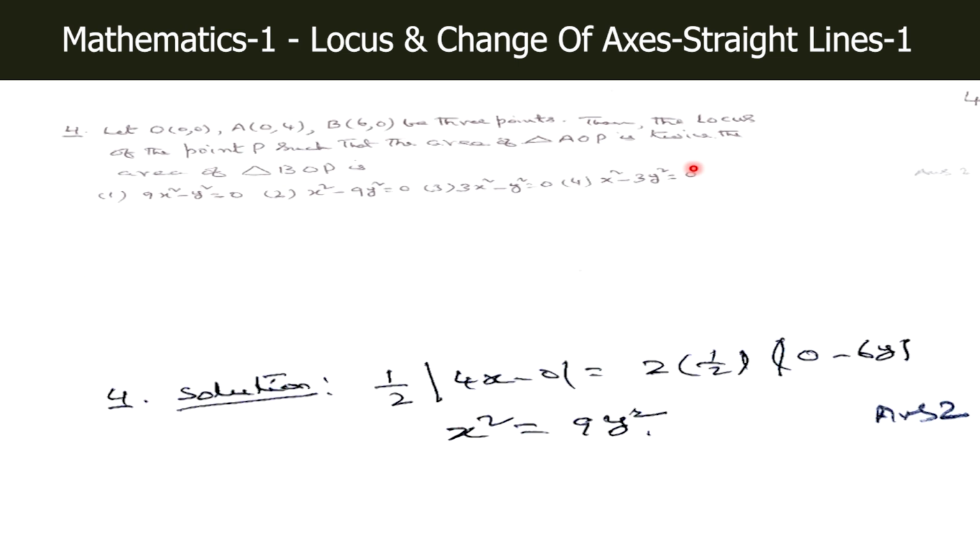Now you know that when (x1, y1), (x2, y2) and origin are 3 vertices of a triangle, then its area is half of mod x1 y2 minus x2 y1. So according to the formula, we have half of mod 4x minus 0 is equal to 2 into half modulus of 0 minus 6y, or x square is equal to 9y square. X square is equal to 9y square means answer is number 2.